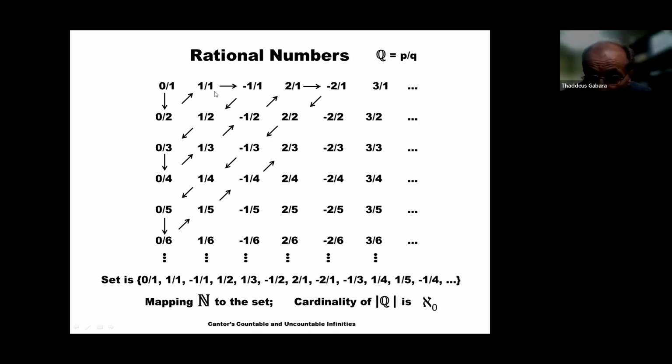So we can take this matrix that's shown here and, through an algorithmic flow selected by Cantor, he ensures that he covers all of the fractions. By putting it into this list, he can do a 1-to-1 correspondence with the natural cardinal numbers, mapping all of the rational fractions to the natural numbers, and he sees that the cardinality, or the size, of the rational numbers is the same as before.